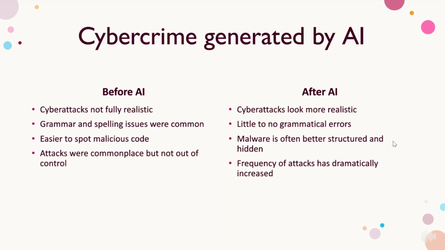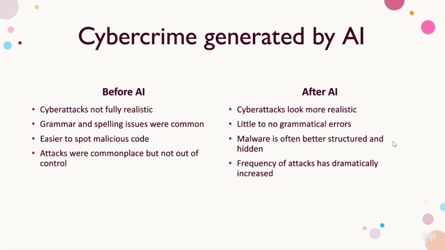So how is generative AI helping cybercrime become much stronger? Well, before generative AI, there were ways that you could tell if there was a possible cyber attack in play. They weren't fully realistic, and they had structuring issues that let you tell if an attack was being attempted.